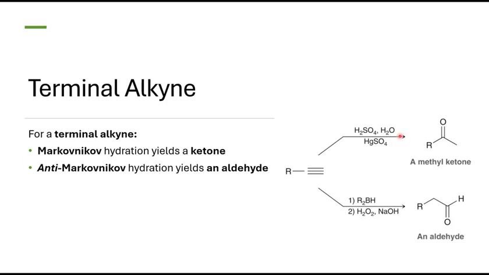It's using water and sulfuric acid, but don't forget that mercury 2 sulfate catalyst is also needed. For anti-Markovnikov hydration, it's going to yield an aldehyde. So if we use something like a modified borane and then follow that up with sodium hydroxide and hydrogen peroxide, we end up with the anti-Markovnikov addition, which results in an aldehyde.